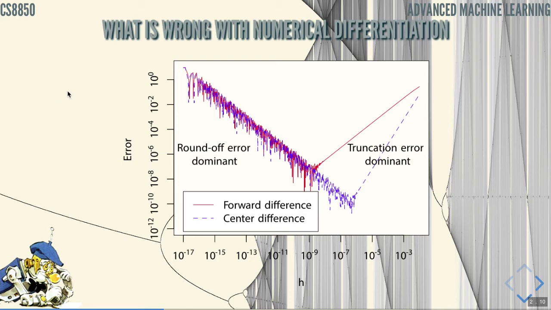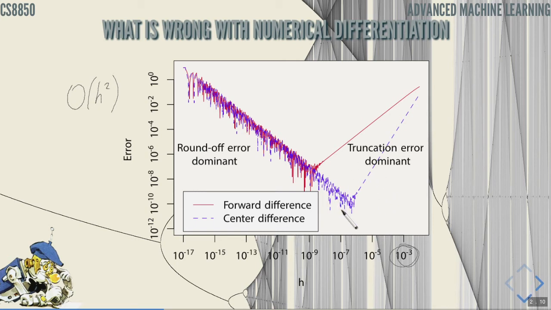It depends on where we truncate the series, and this error persists even at infinite precision. So when h is largish, on the right here, 10 to the minus 3, truncation error is dominant.